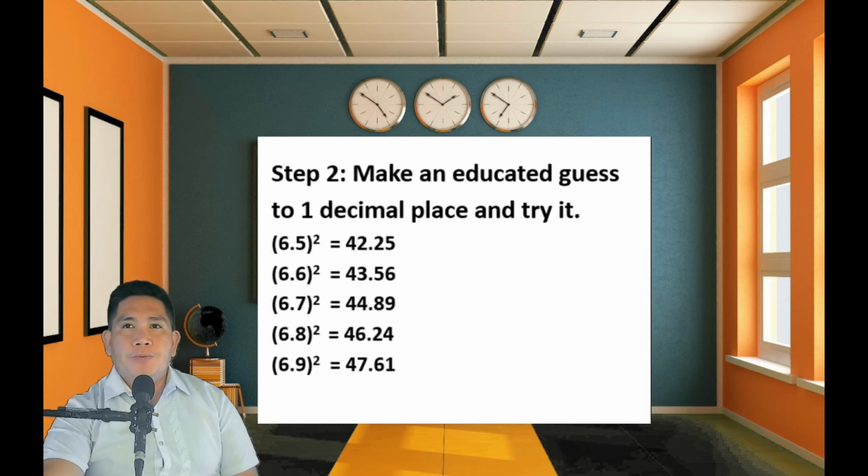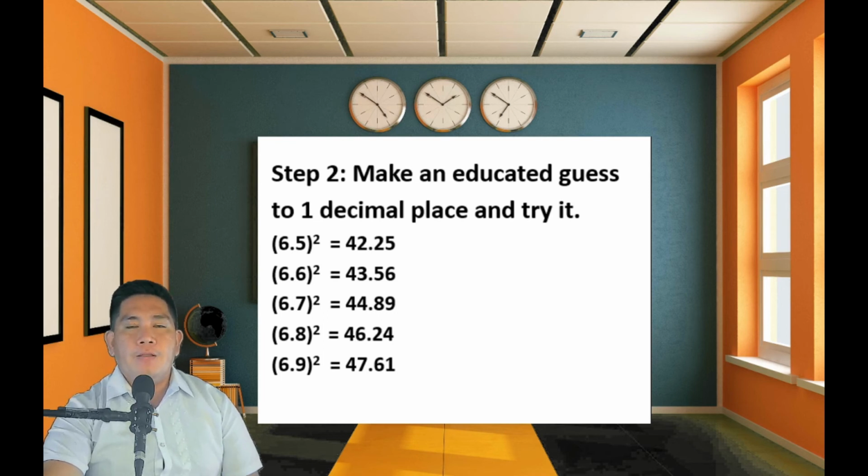Since we know that the square root of 44 is closer to 7 than 6, we then square numbers closer to 7 with one decimal place. The numbers are 6.5, 6.6, 6.7, 6.8, and 6.9.